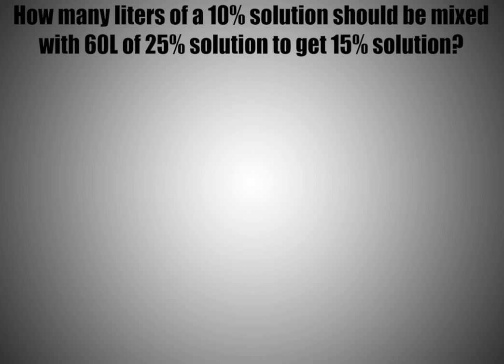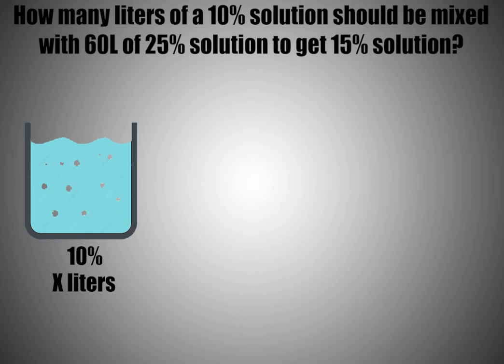So the first thing that we are going to do is list all the given data. First, we have 10% solution of which we still don't know the volume. So we will just put x liters of 10% solution. x is what we will be solving for later.